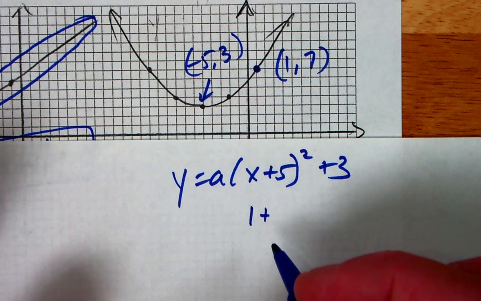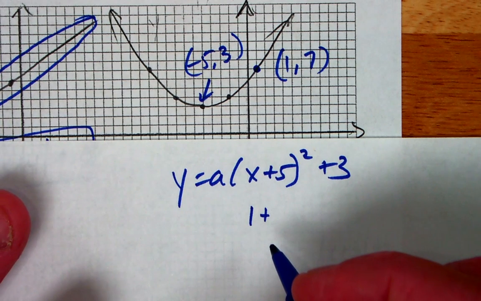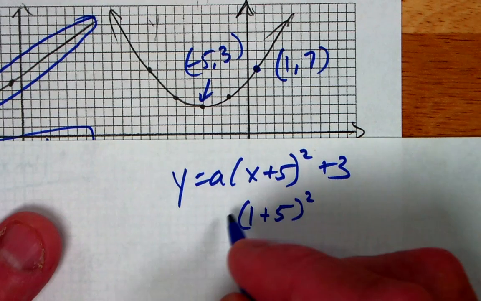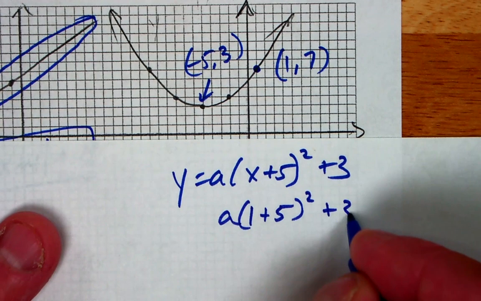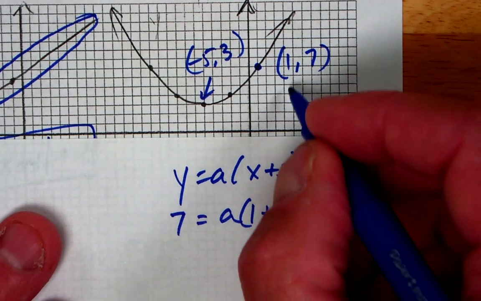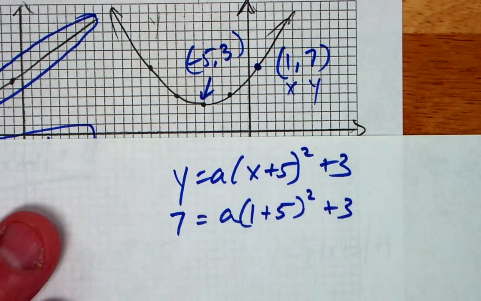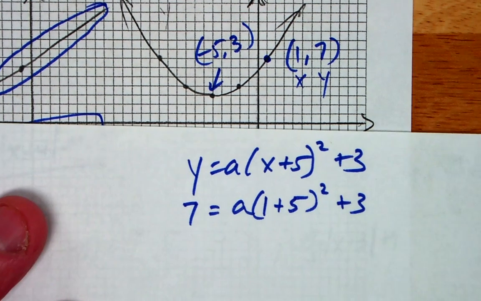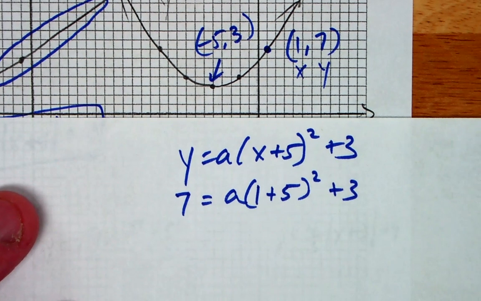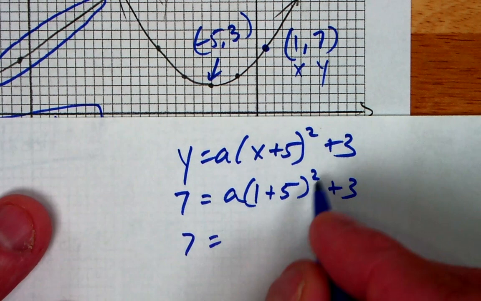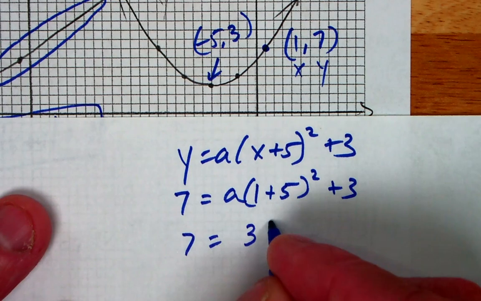Okay, something feels wrong. No, we're fine. So all I did was plug in 1 for x, 7 for y. Now we solve it. 6 squared is 36.